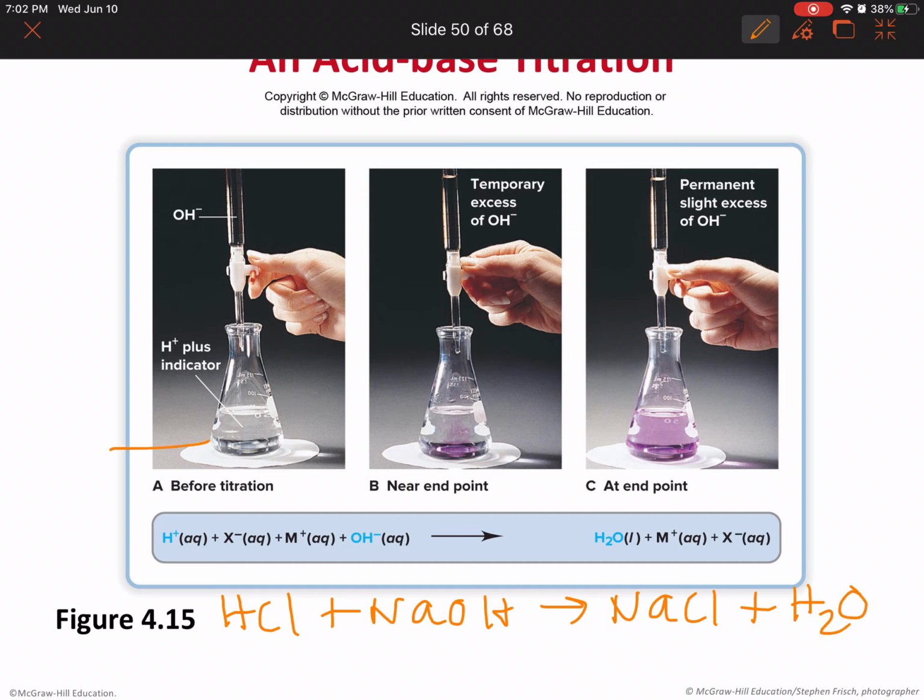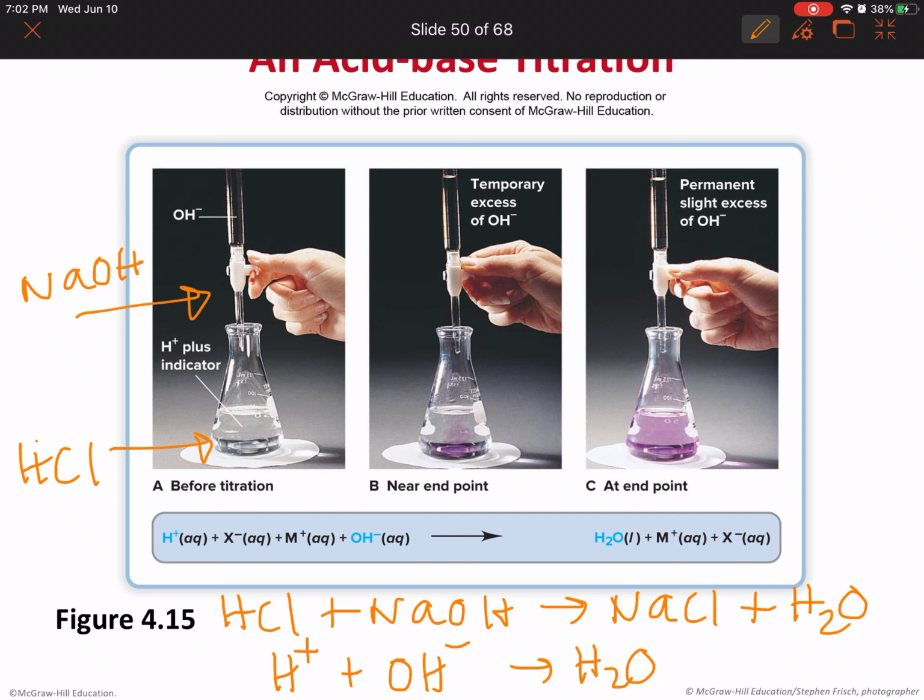Hydrochloric acid is in the flask and sodium hydroxide is in the burette. Now initially you have a certain number of moles of H+ ions. You keep adding hydroxide from the burette and it keeps forming water molecules.